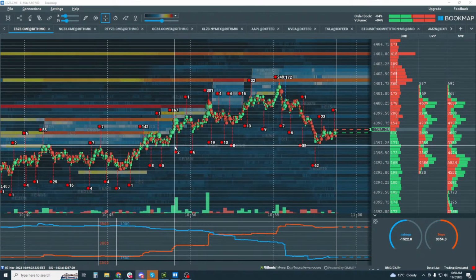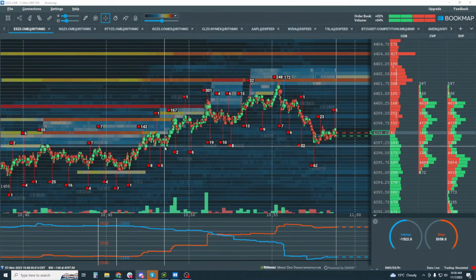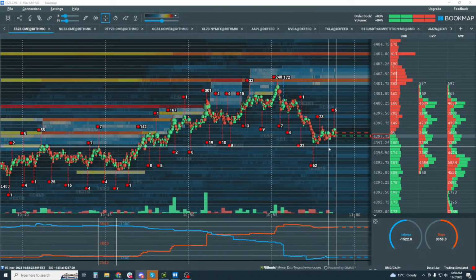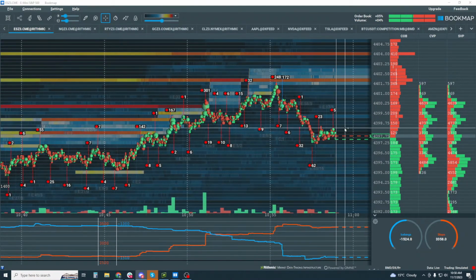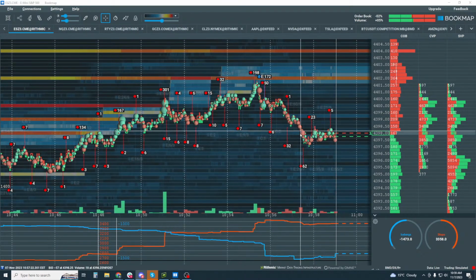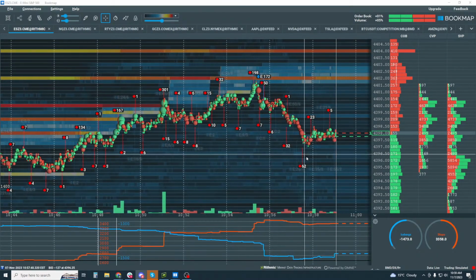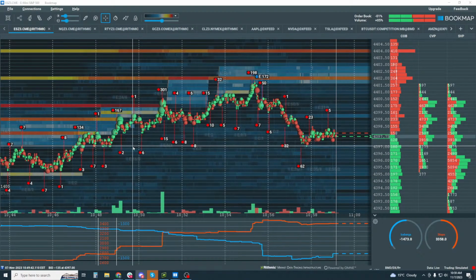Right, so what are we looking for in here? Well, we're looking for maybe a move back down to this swing here, trapped sellers, and then look for buyers to swing back into the trade. The one thing I would be looking for on this move is trapped sellers.